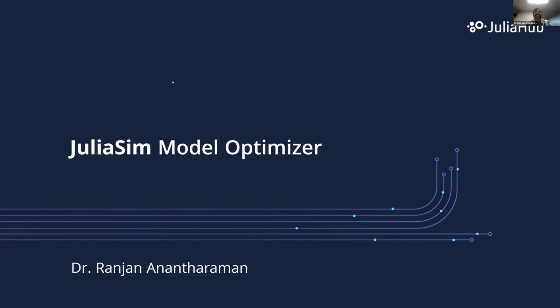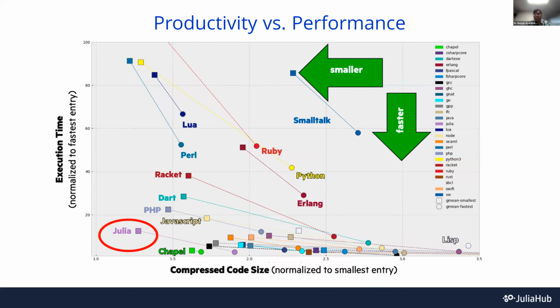But first, for folks who don't know who we are, just as a little primer, we are a team of Julia programmers primarily. So we are all contributors to the ecosystem or to the Julia programming language.